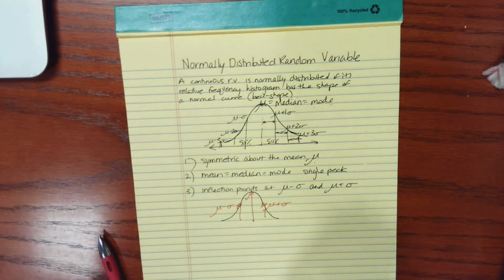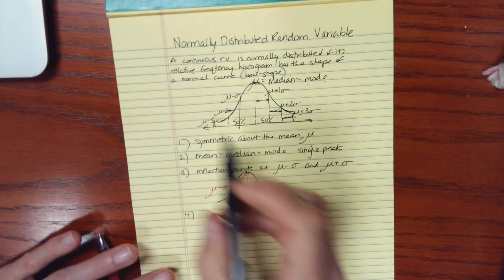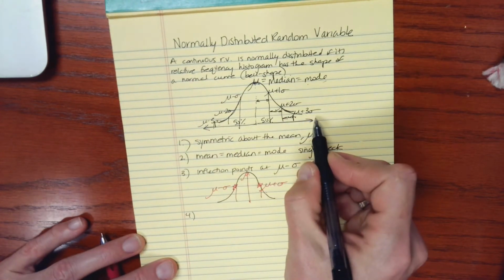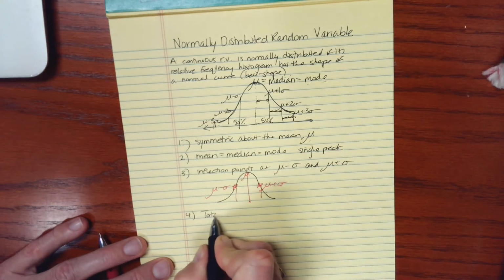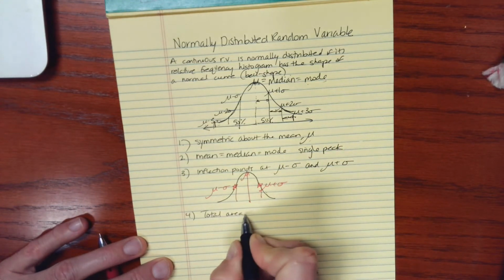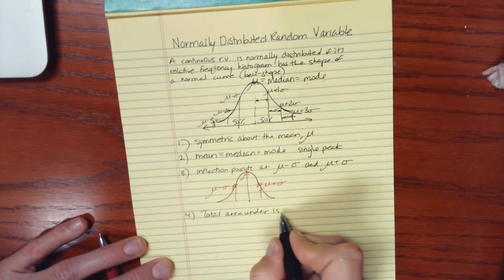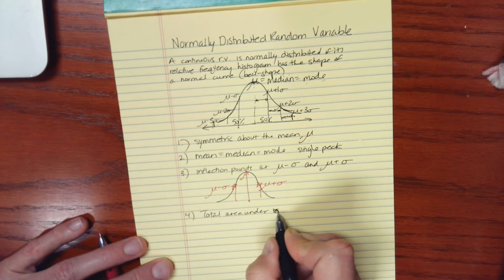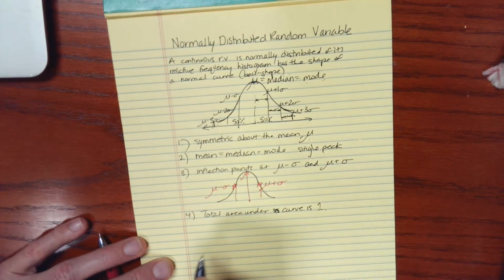Okay, what else should we know? This is a continuous random variable, so we use the area under the curve to represent probability. The total area under the normal curve is 1.